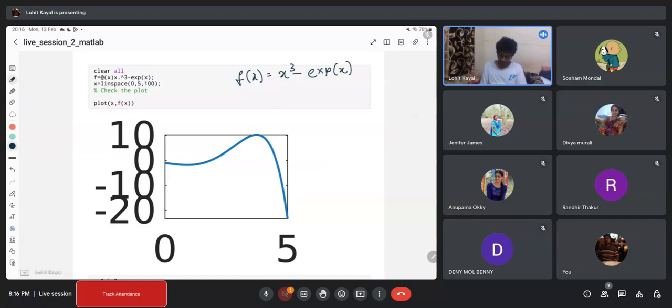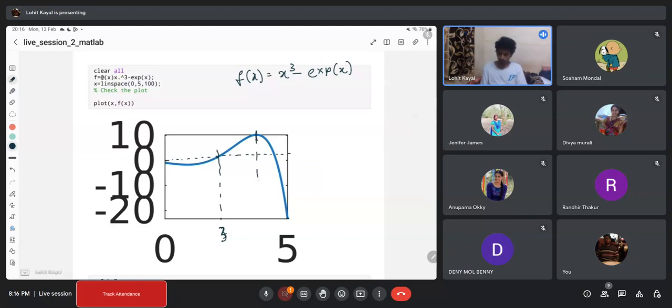So if I just draw a horizontal line from 0, this point will appear nearly around 3, maybe. So the root is around 3 most probably. And here we can see this value is clearly positive.